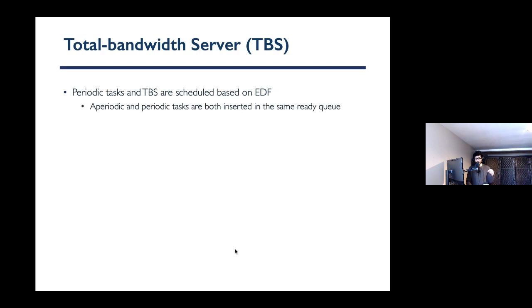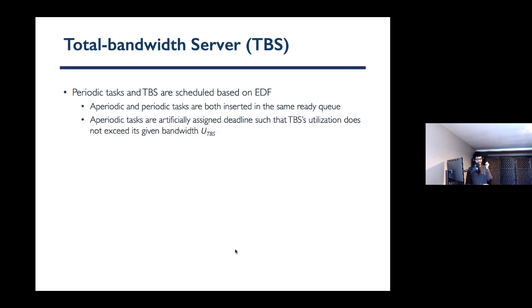Now we're going to, as I said, turn aperiodic tasks somehow into periodic tasks. How we did it in polling server and deferrable server was making the server act as a periodic task, so it runs on behalf of those.